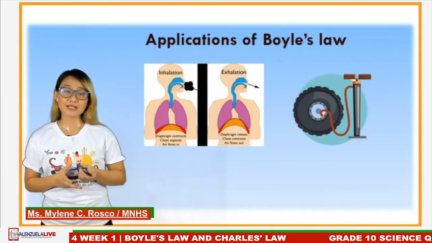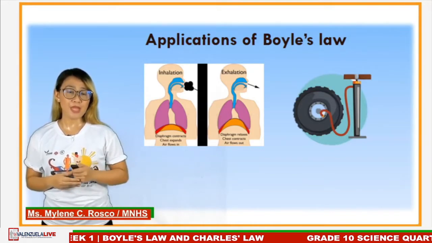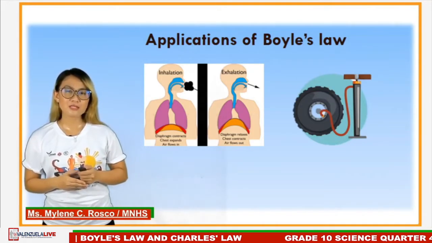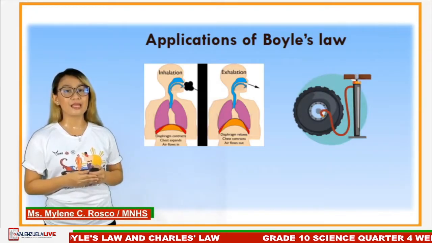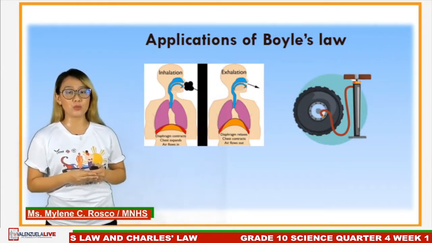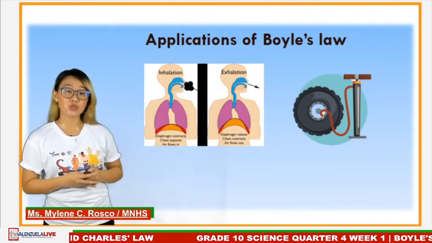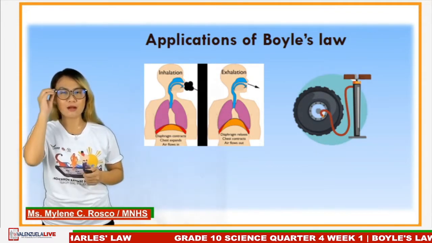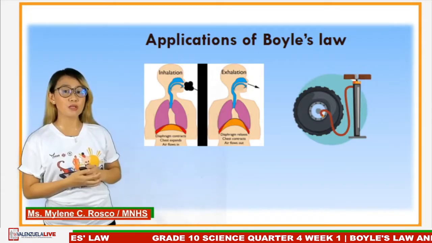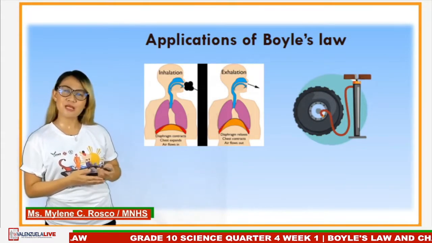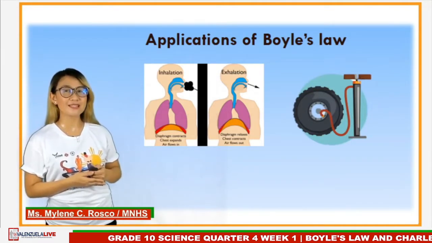Next, bicycle pump. When you pump air into a tire, the gas molecules inside the tire get compressed and packed closer together. This increases the pressure of the gas and it starts to push against the walls of the tire. You can feel how the tire becomes pressurized and tight.